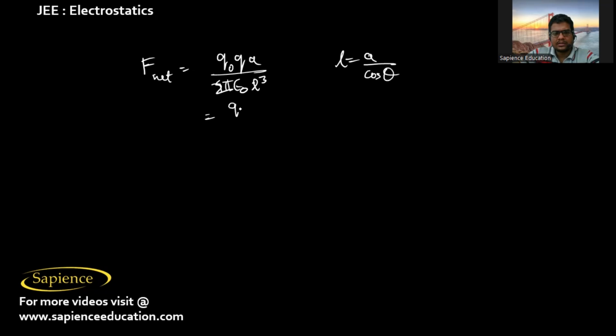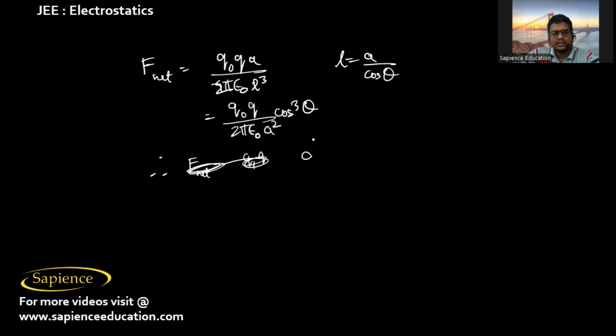So therefore this I can write q naught q by 2 pi epsilon naught a square into cos cube theta, since a and a cube will cancel. So now the net force that we can write is q naught.